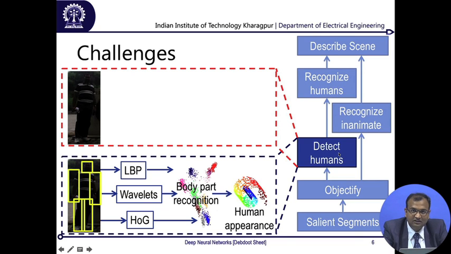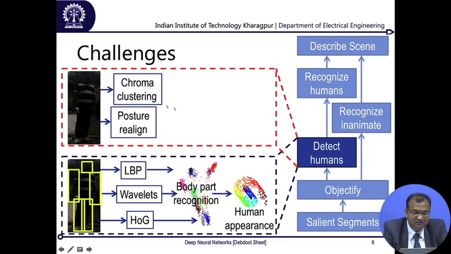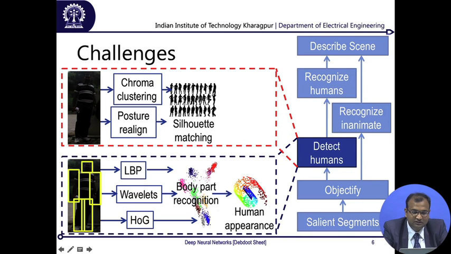There can also be another way of detecting it, and a different person might say that what I would do is a chroma clustering and a posture realign, and that would lead to finding some sort of a silhouette over there. So, persons in different poses, how they would look, and then you can have a library of these silhouette images and you just match against the silhouettes. Once you have matched with these silhouettes, you can project this matching distance onto some sort of a manifold and then be able to recognize humans.